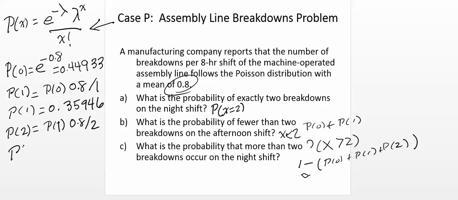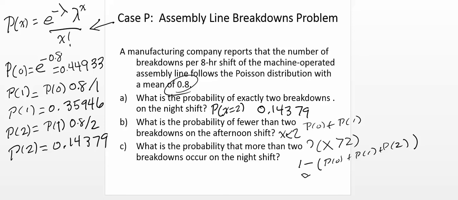So the probability that x is equal to 2 can be obtained as 0.14379. So what's the answer to part A? The answer to part A is 0.14379.